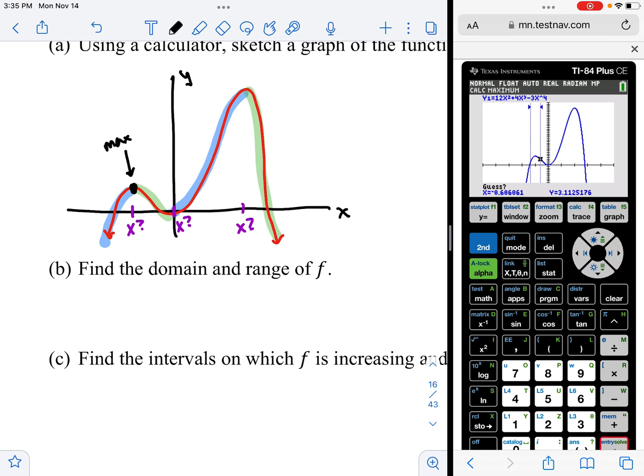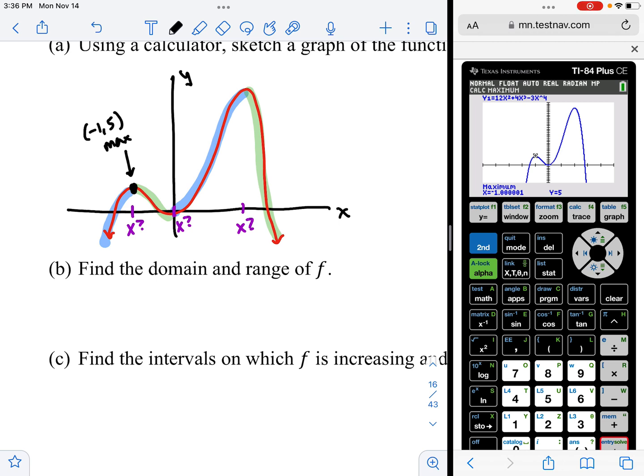What you're telling the calculator is that the maximum exists between those boundaries, and then it asks you to guess. So you get close to the maximum and hit enter, and then it identifies the maximum for you. That particular maximum is -1 and 5. So I'm going to label that here, -1, 5.